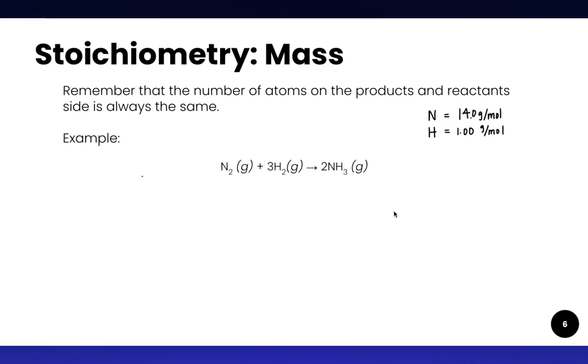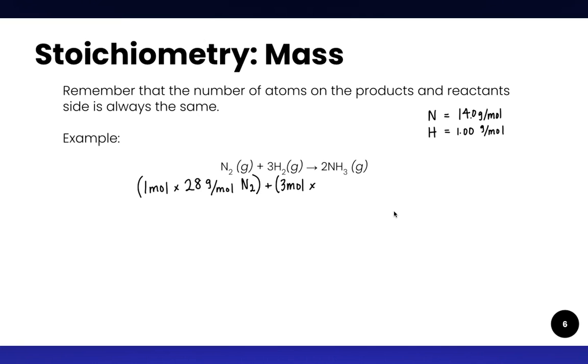Let's see. 1 mole times, and this is nitrogen, N2. So it's not 14 grams per mole. Make sure you multiply that by 2. Each atom has 14 grams per mole. So it's actually 28 grams per mole. And that's for nitrogen.